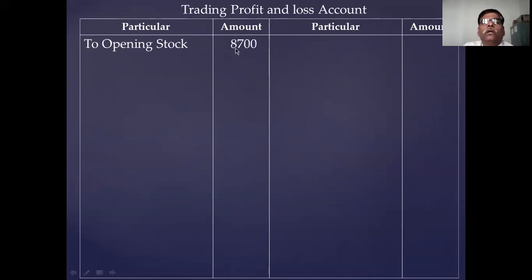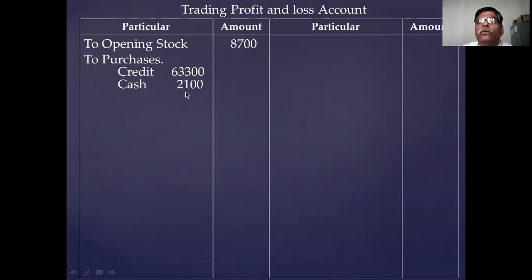Opening stock is 8,700. It comes from the opening statement of affairs. Second is purchases. Purchases come from the cash book and creditor account: credit purchase from the creditor account, cash purchase from the cash book.